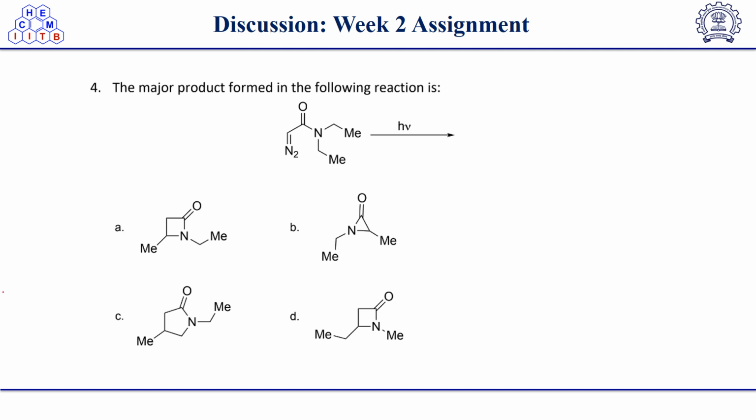So here as we have seen, it is going through carbene formation. First, by the elimination of nitrogen molecule, carbene will be formed here and it undergoes carbene insertion upon this carbon, which will result in the formation of a beta-lactam ring. So option A is the correct answer in this case.